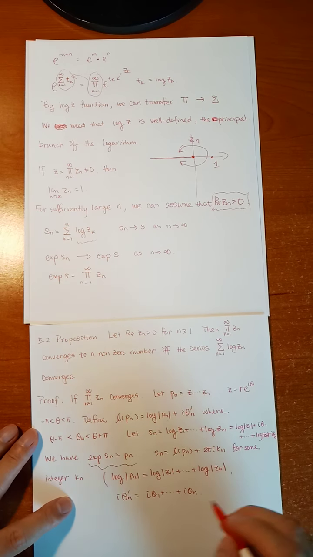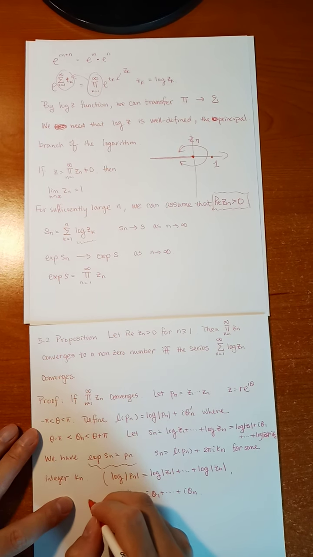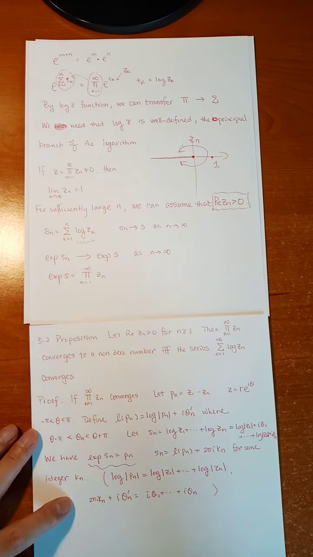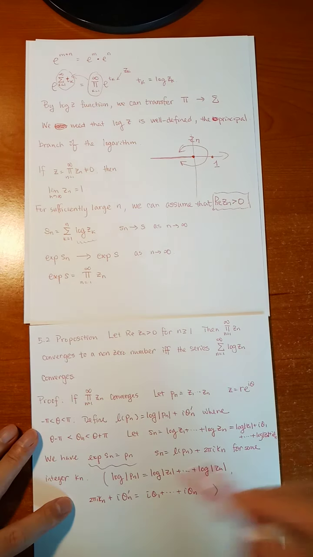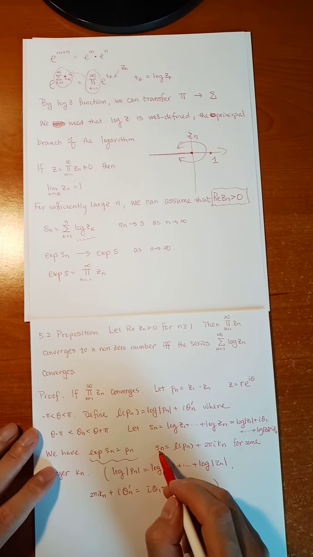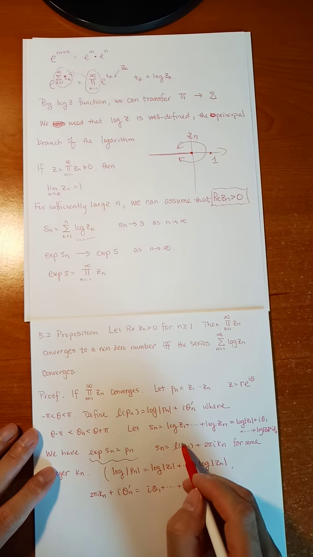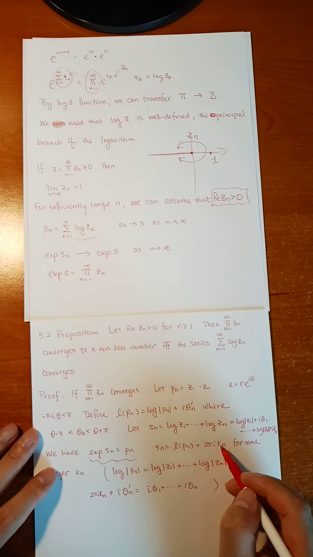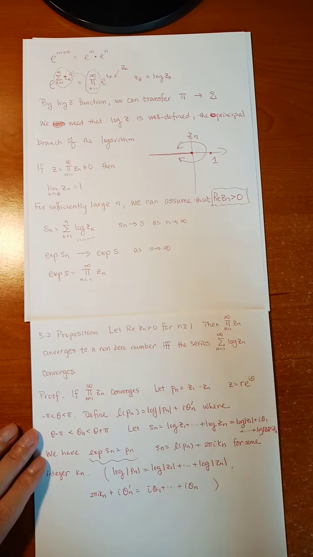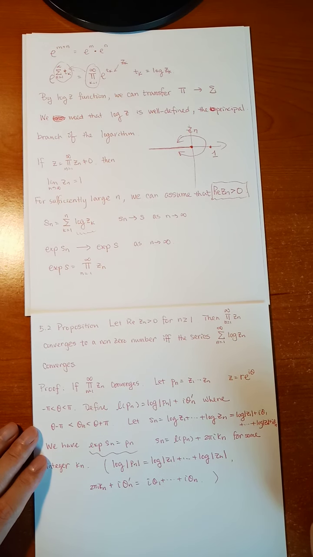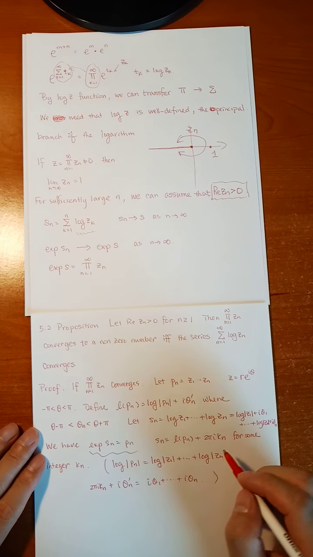It's not equal. You actually have to add 2 pi i kn for some integer kn, right? You have some rotation there. So that's why Sn is not directly equal to L of Pn. It possibly has some additional rotation.